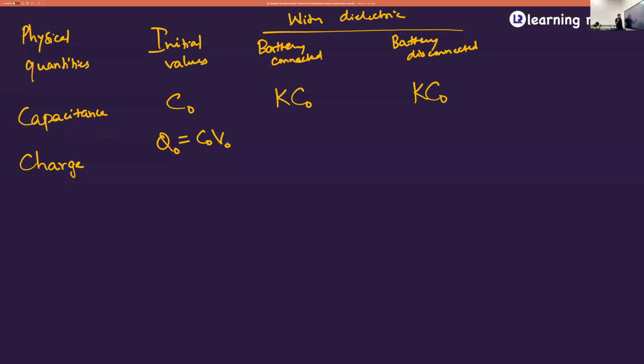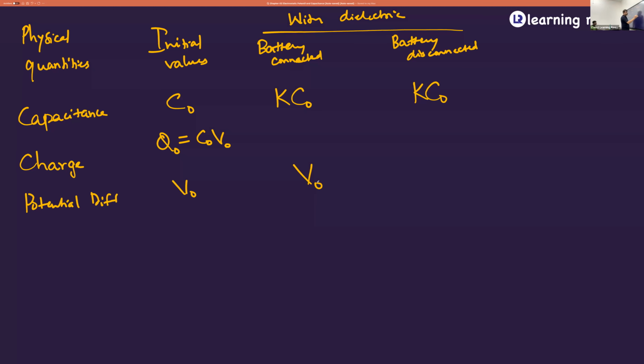Now, if I take the initial potential difference to be V naught, listen to this carefully. Q naught is equal to C naught into V naught, right? When you insert a dielectric and still keep the battery connected, the potential drop will be V naught, because you're keeping the battery connected.